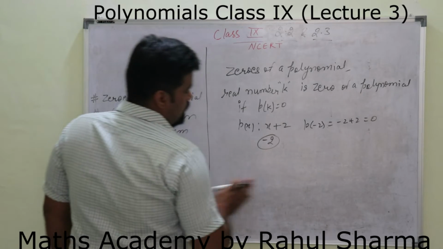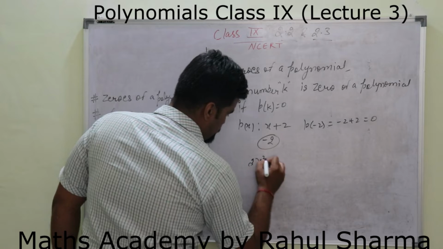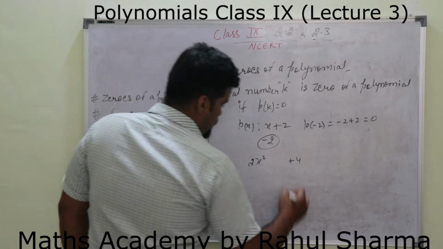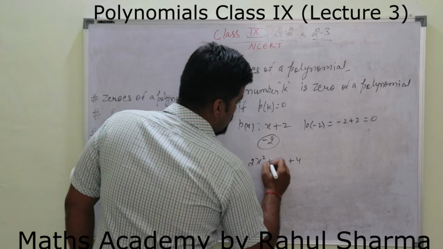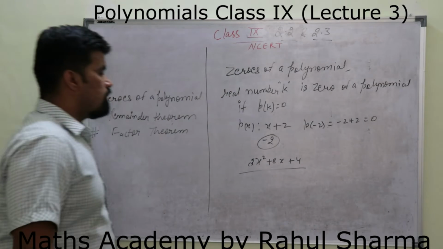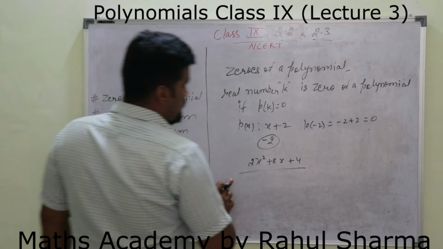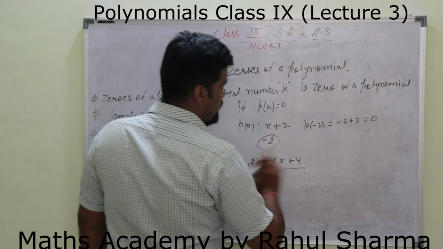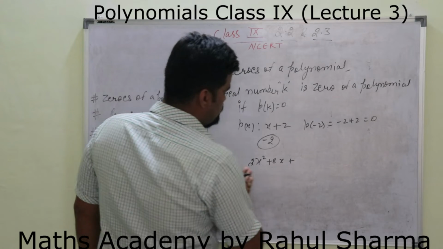Similarly, if we write something like, suppose, 2x² + 8x + 4, right? This is something which we have got. इसको मैं थोड़ा सा और मॉडिफाई कर लेता हूं.